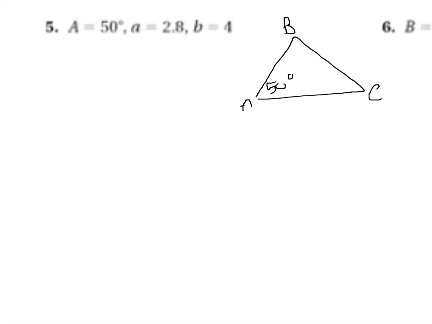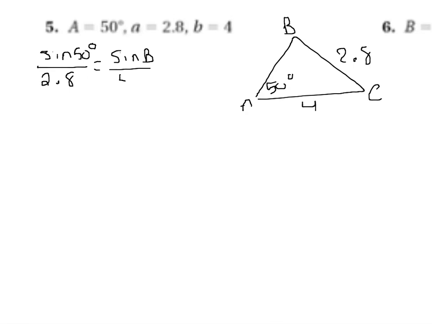We know 50, 2.8, and 4. So set it up. The sine of 50 divided by 2.8 equals the sine of b divided by 4.